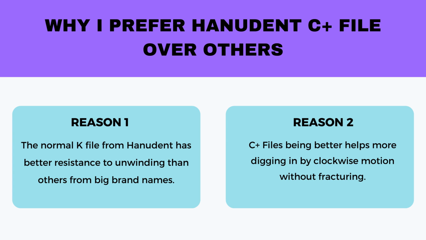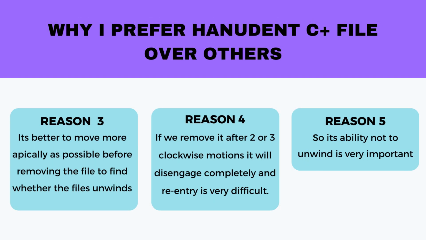It will be difficult if you just move it 2 times and then take it out to re-enter. We should at least make a path of 3 or 4 millimeters before we take it out. If it is just 1 millimeter, it will be very difficult to regenerate the path.